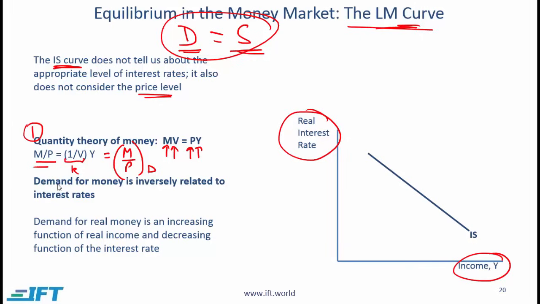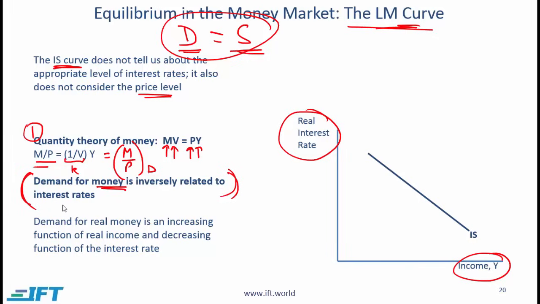Another point is that demand for money is inversely related to interest rates. And to keep our model simple, we are only considering the demand and supply of money. And bonds, stocks then are the other investments. So if we don't have money, then we will have stocks and bonds. So that will help you understand this statement over here.